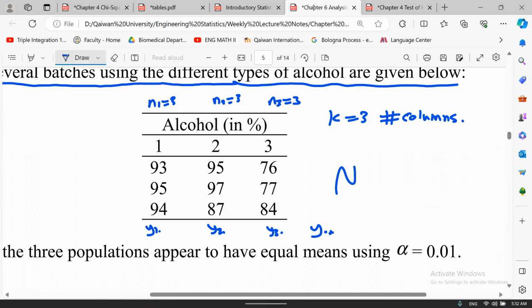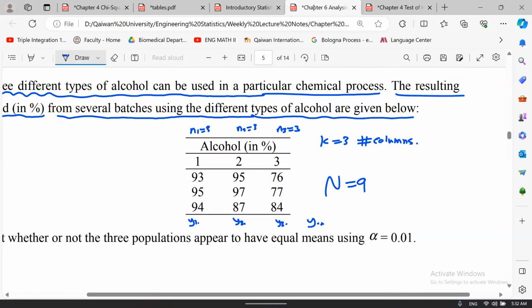And capital N is the total number of elements. We have 9 elements. We have 9 numbers. That's all that is given. And these are calculated.